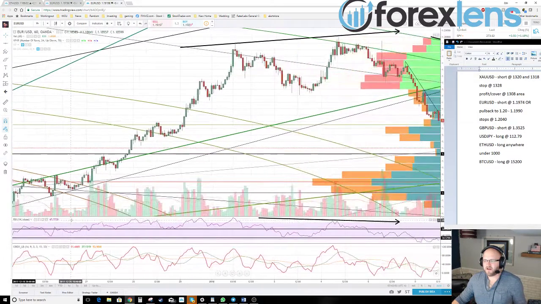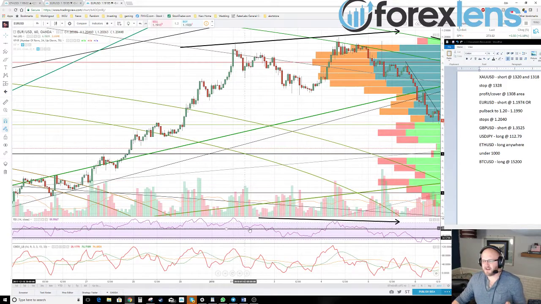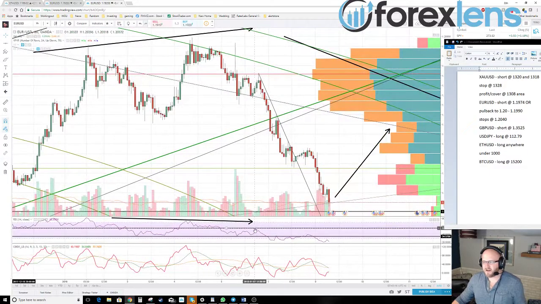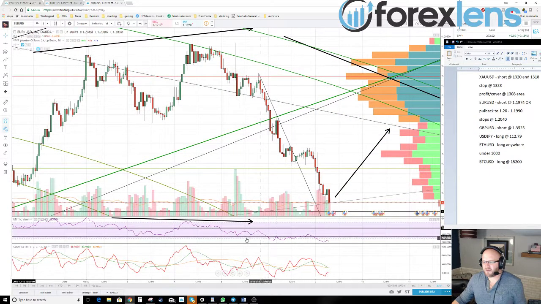Typically, in an uptrend, the RSI is going to find a supportive value between 50 and 60. And then when something's in a downtrend, you're going to find resistance between 40 and 30.